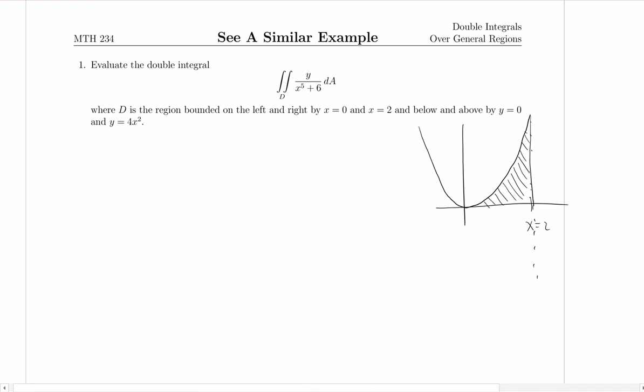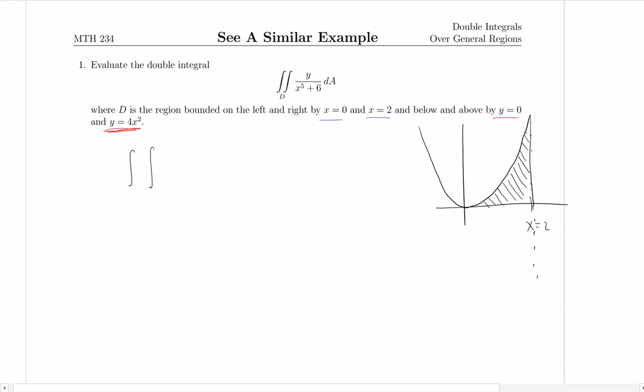So unlike in the case with a rectangle, we can't just integrate in any order we like necessarily. We have to be careful about how we're describing the region. So the way it's presented to us, we have to integrate y first and x second. The reason is that the x bounds are both given by constants, whereas the y bounds are not.